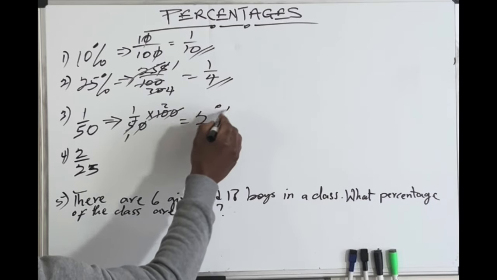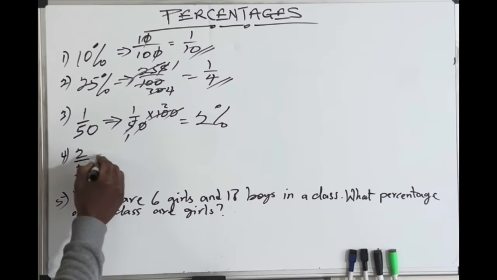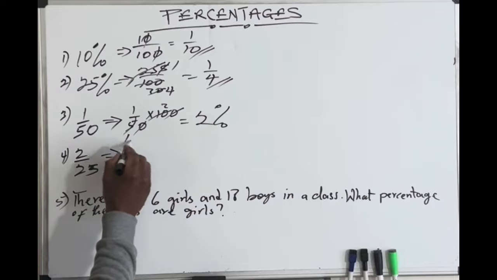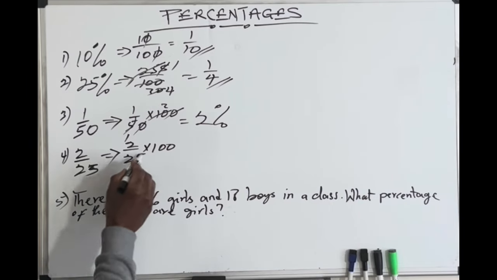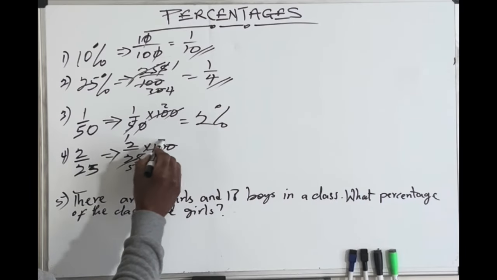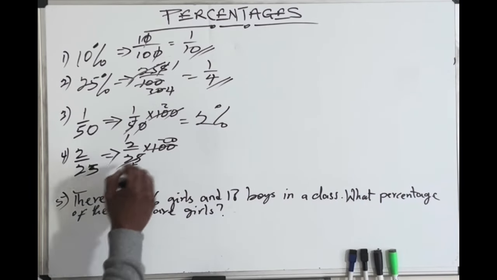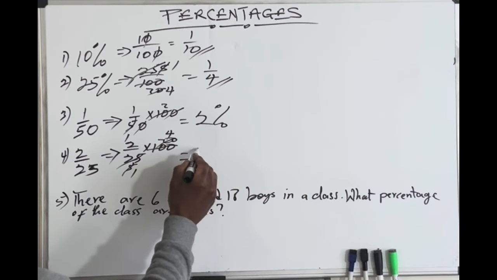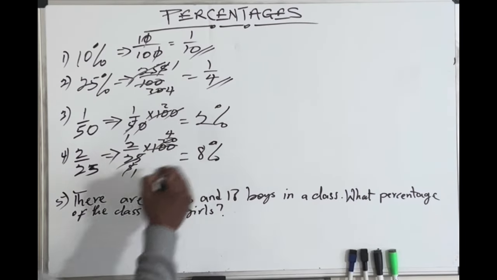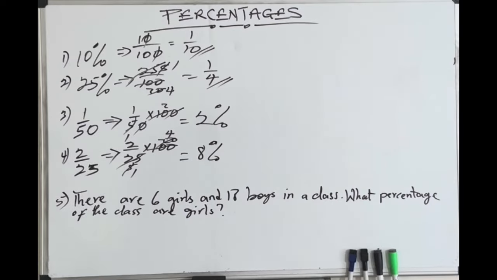So 2%. Okay. All right. The same thing. So 2 over 25 times 100. 5 goes here, 20. 5 goes here, 1 goes into 25 four. 2 times 4 is 8. So 8%. Okay. Very easy stuff.